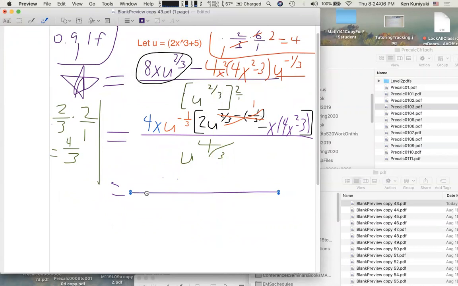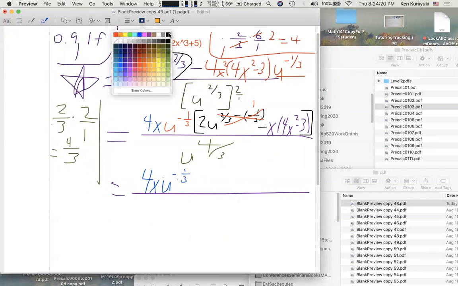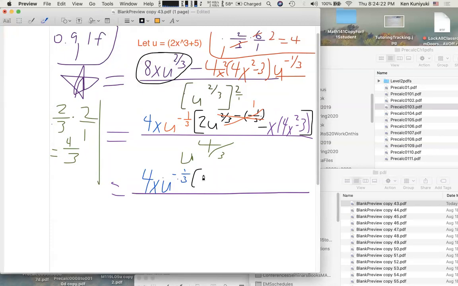I'm going to extend the bar a bit. All right. So we have 4x u to the negative 1/3. Okay. Let's do some black. Bracket 2. U to the first is just u. Plain old 2u. Okay.